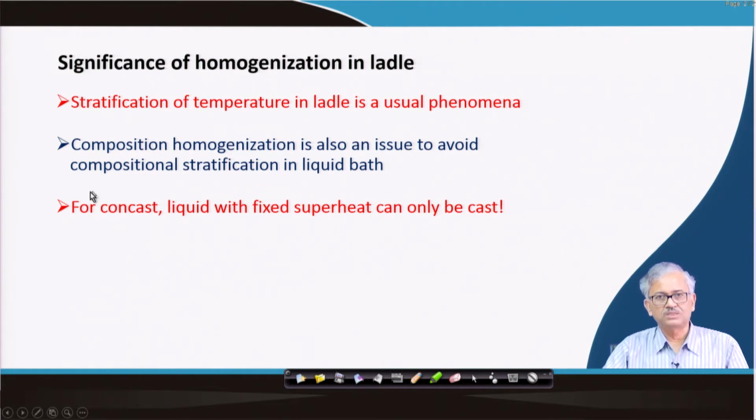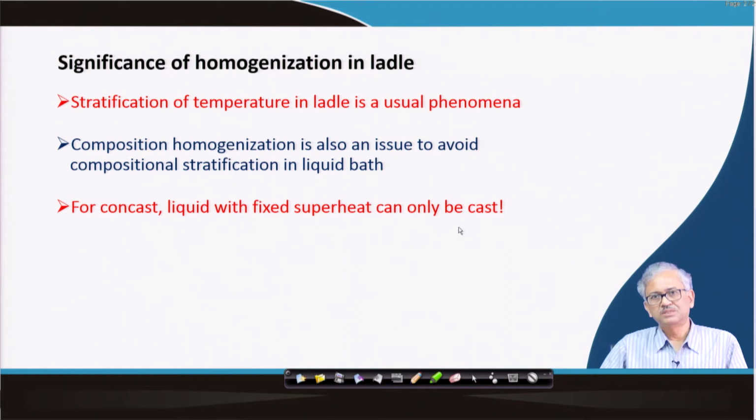And for continuous casting, the liquid with a fixed superheat can only be cast. If you change the liquid superheat when you are pouring the liquid from the tundish into the continuous cast mold, it should have a fixed superheat, because that is the way the heat extraction from the mold and secondary cooling zone is fixed.